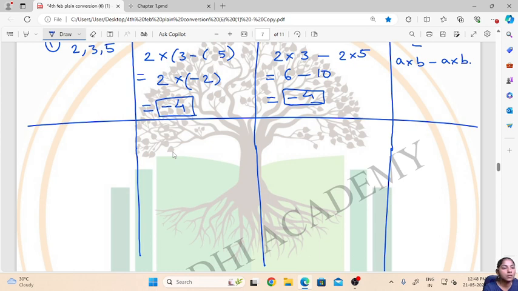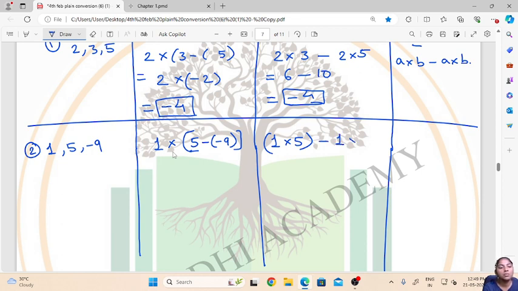So second example, our integers are 1, 5 and minus 9. So first we have A into B minus C, and then we have A into B minus A into C. So let us solve this. We have 1 here multiplied by 5 minus minus 9, minus into minus it will be plus.